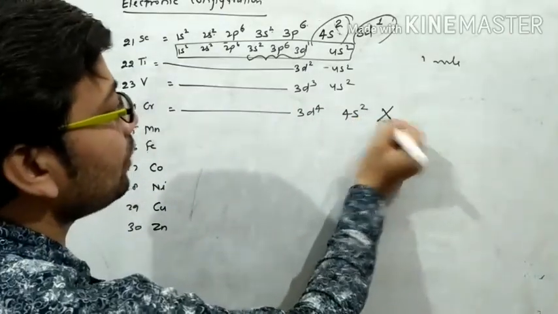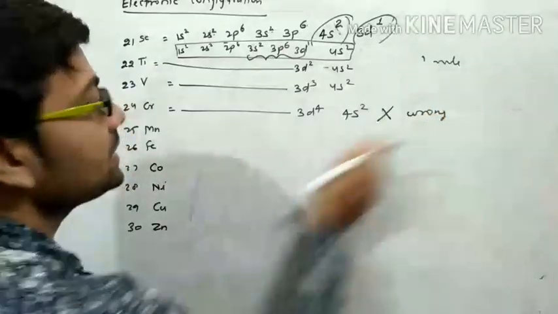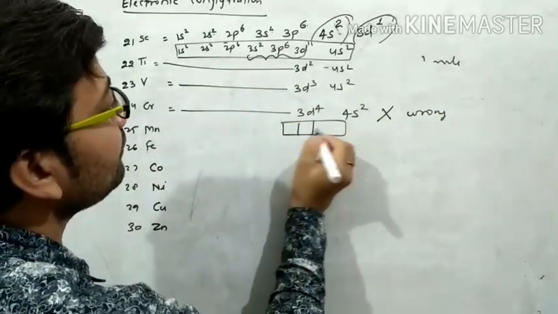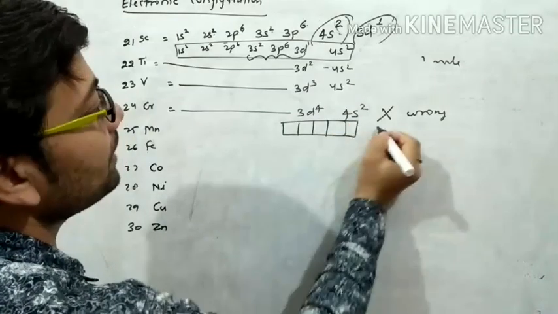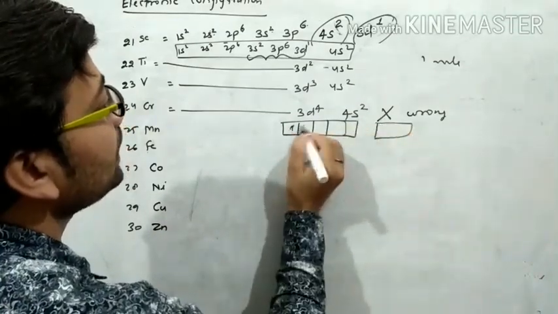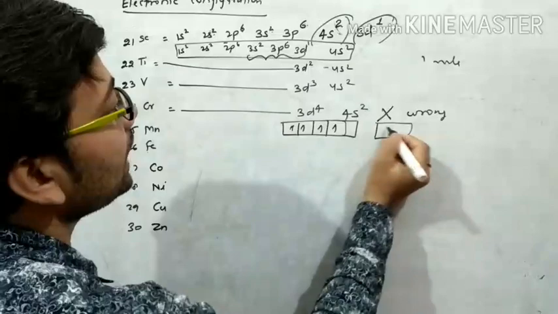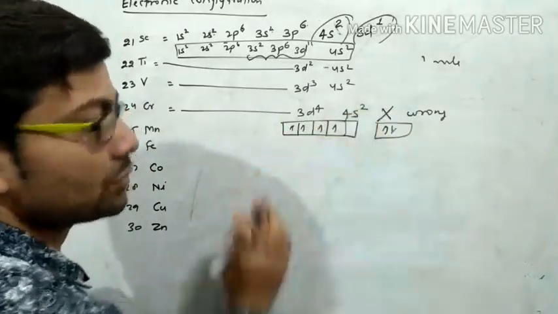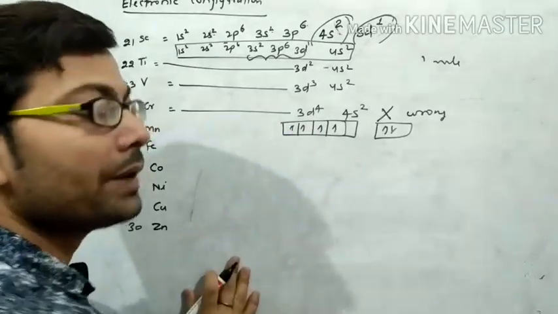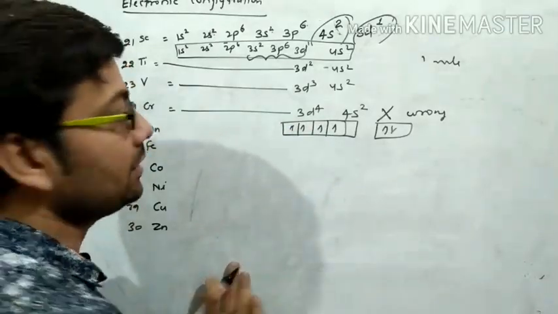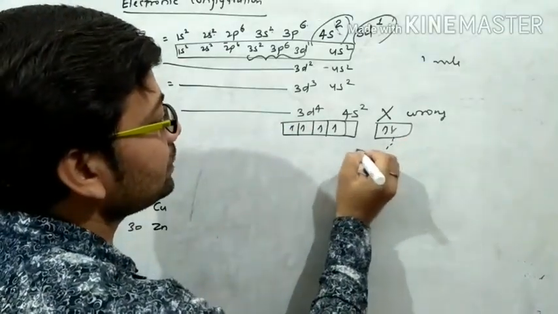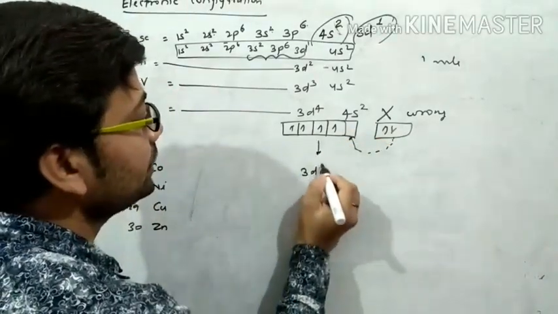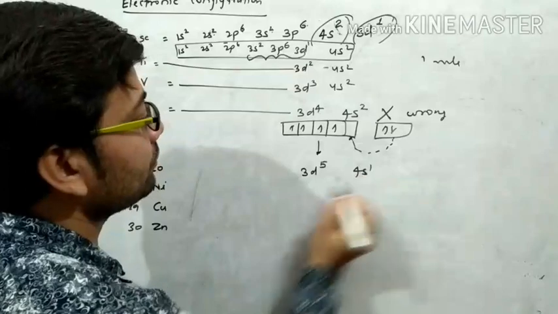But this is wrong. Why is this wrong? Let's see here. Actually, d has 5 orbitals, 1, 2, 3, 4 and 5, and 4s has 1 orbital, holding 2 electrons. To obtain extra stability, 1 electron of s goes to the d orbital, and then 3d5 and 4s1.